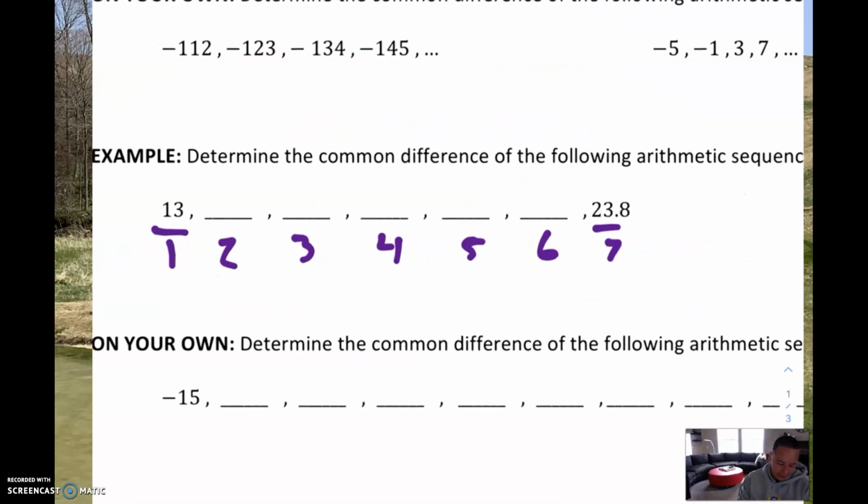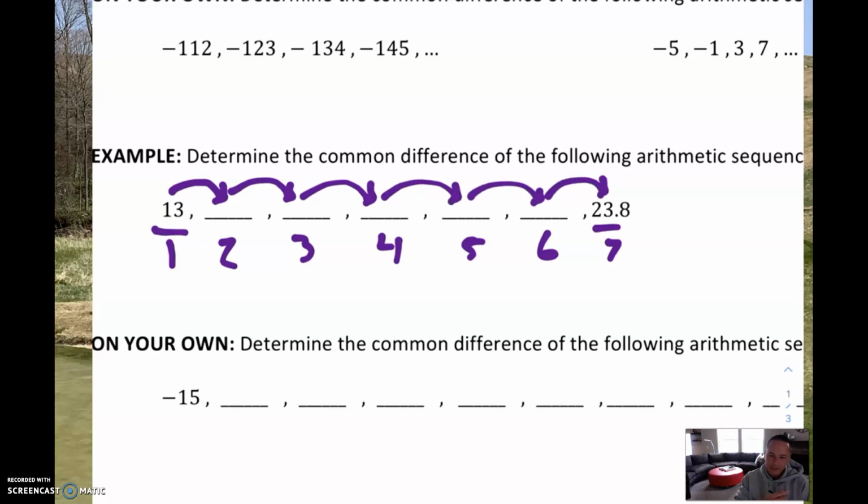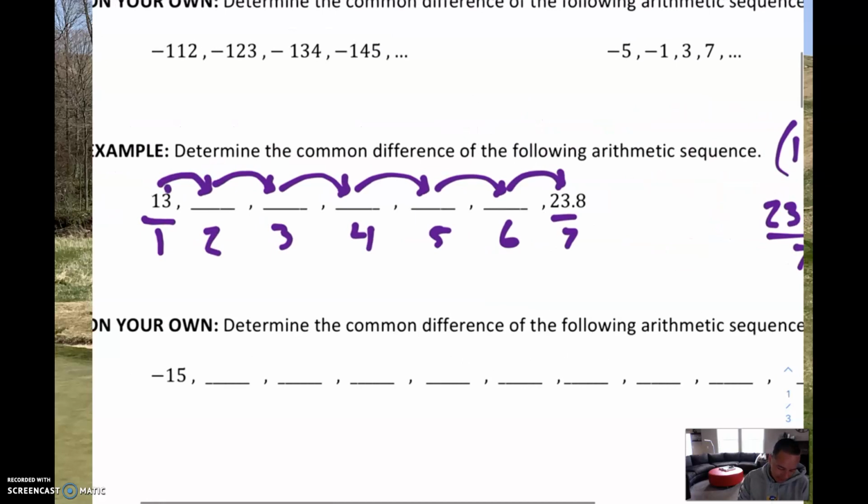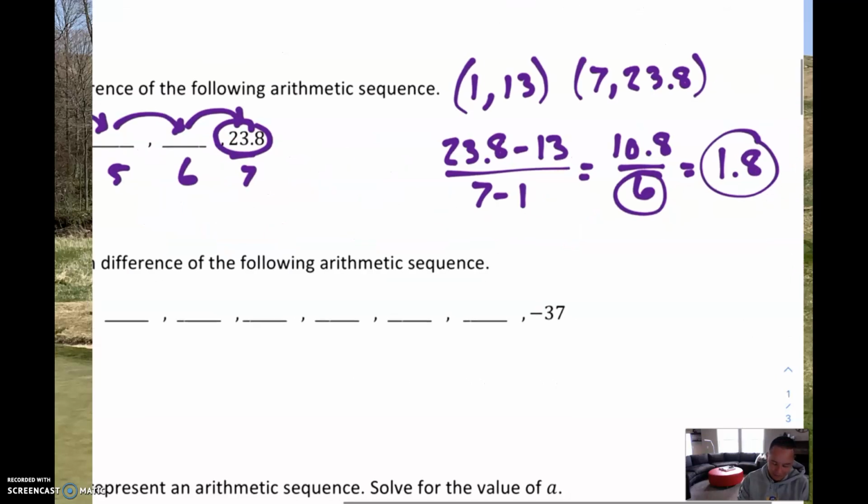Now let's look at what we just found. We're starting at this 13, and it's jumping up once, twice, 3 times, 4 times, 5 times, 6 times. It was adding 6 of those common differences. To get from 13 up to 23.8, it jumped up by a total of 10.8.